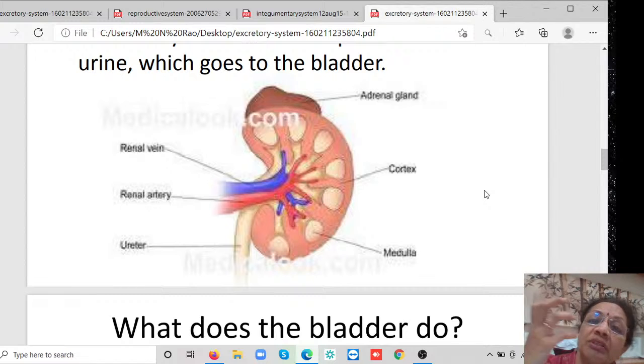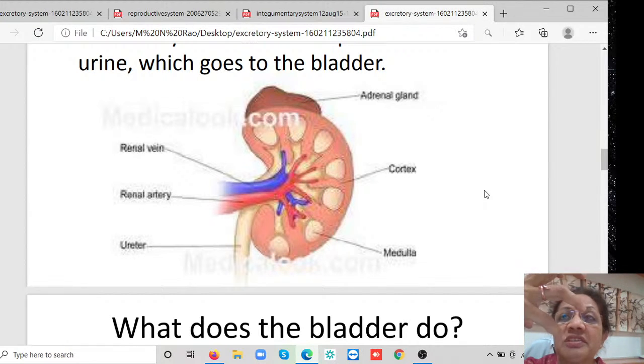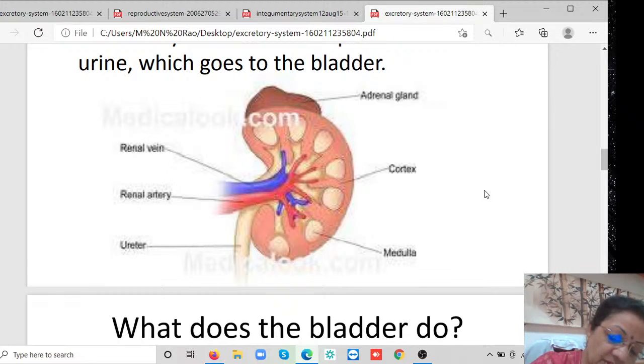You know that the unit of kidney function is called the nephron, which consists of a bunch of capillaries surrounded by a cup-shaped, double-layered structure, which filters the contents of the capillaries, which is essentially blood, and takes away everything which the body doesn't require anymore, and returns cleansed blood back into the renal circulation, which means a renal vein is carrying away very clean blood back to the heart. Clean from the point of view of metabolic waste products.